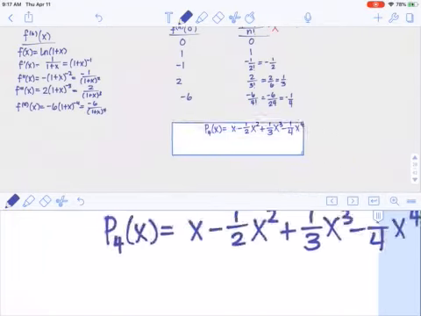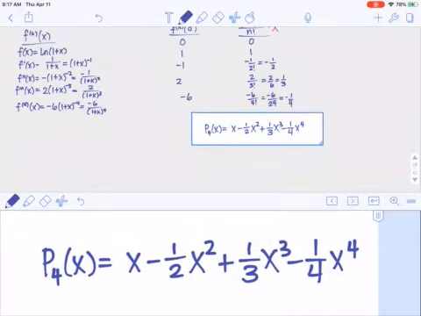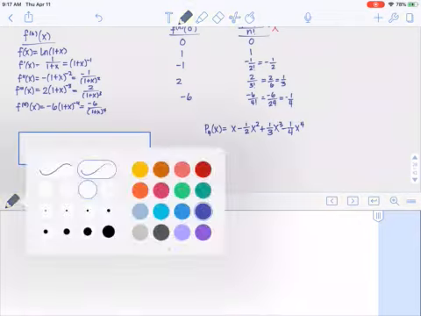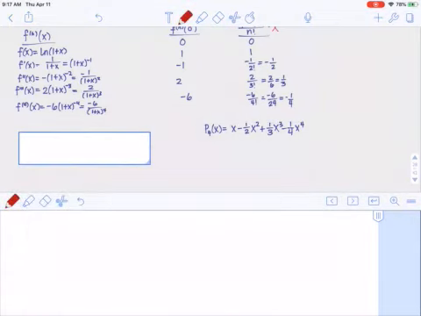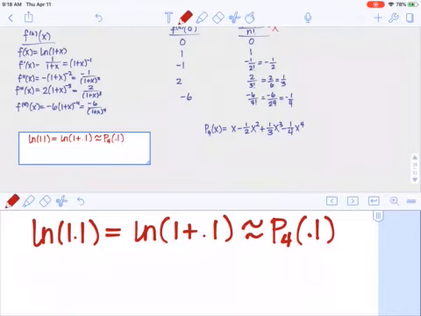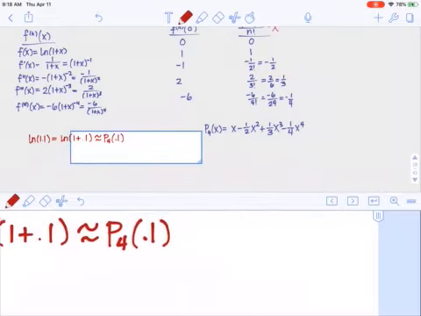Okay. All right, so this is my Maclaurin polynomial. And so if I want to use that to estimate natural log of 1.1, that would be the same thing as natural log of 1 plus 0.1. So that's approximately that fourth Maclaurin polynomial where x is being replaced with 0.1. And so all you're doing is typing that into your calculator.